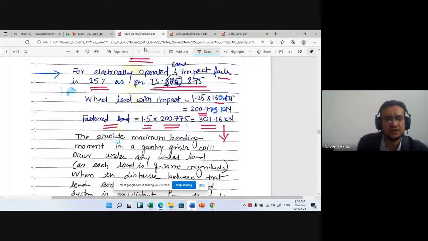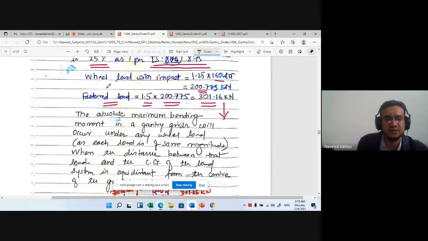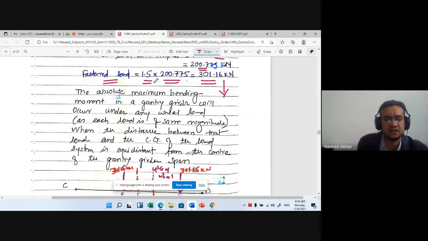The wheel load with impact we can increase, and then we take the factored load. The factored load we have taken because only dead load and live loads are there. That's why 1.5 times of that, and it is coming to 301.6 kilonewton.